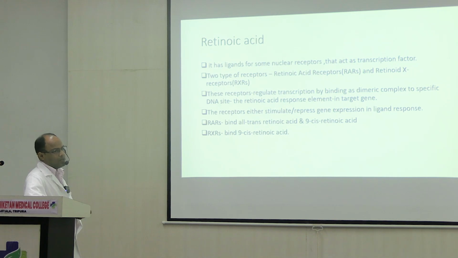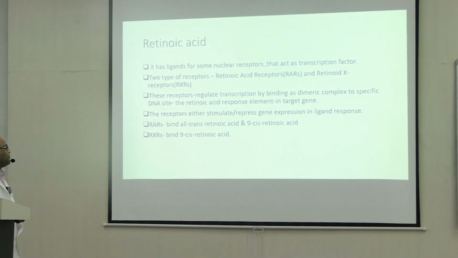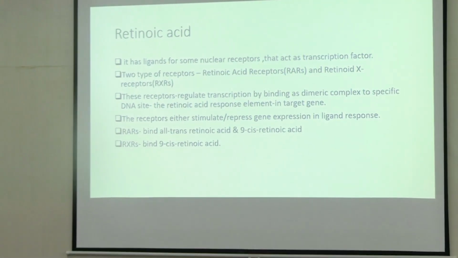Retinoic acid binds with some other substance, especially intracytoplasmic retinol binding protein, and forms a dimer. In this way, they bind with a specific DNA site, that is the gene, and then the retinoic acid response element, and then the target gene is activated.